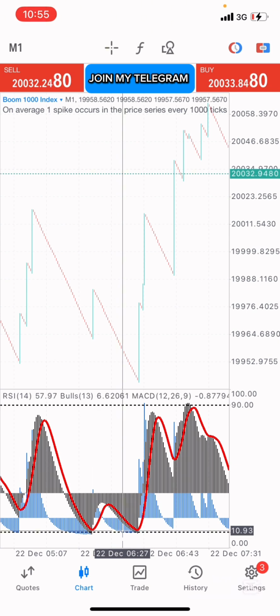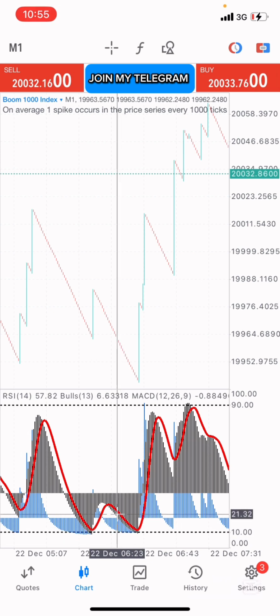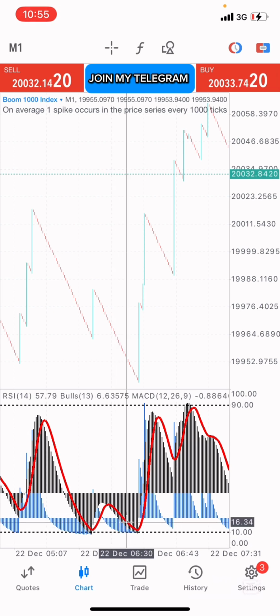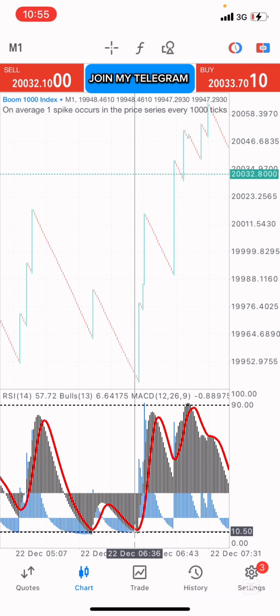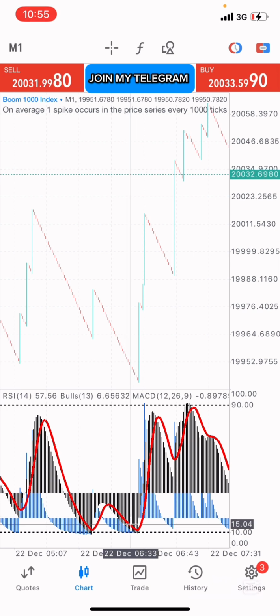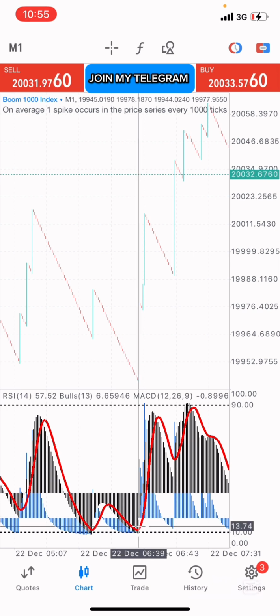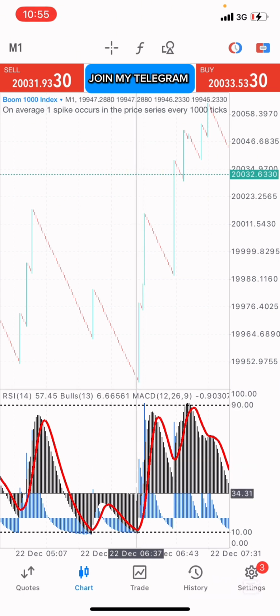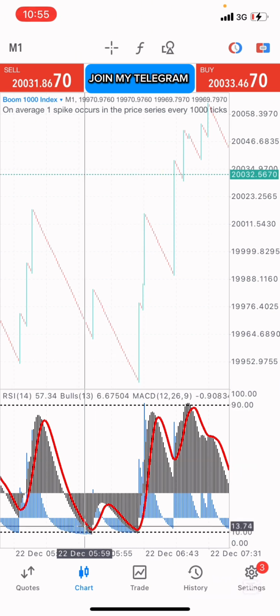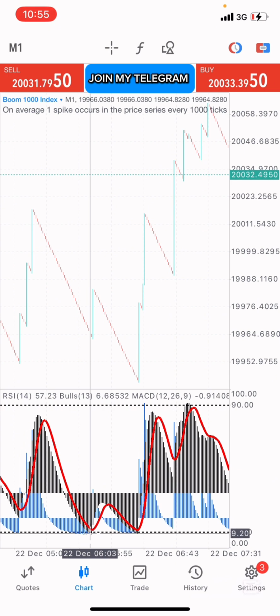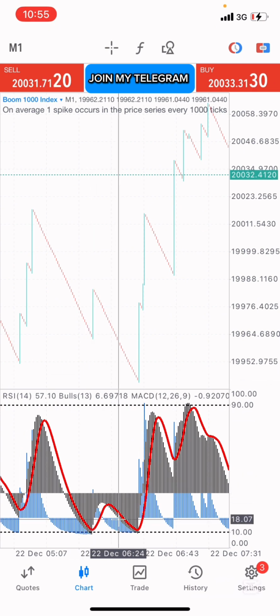You take your profit. Now, the reason why you should take your profit at this point is because this black line, which is the MACD, when it gets to this point as well, there's a higher chance that the market would spike. When the MACD gets to the level of 10, that's why you saw that at this point right here, the MACD got to the level of 10 and there was a spike.